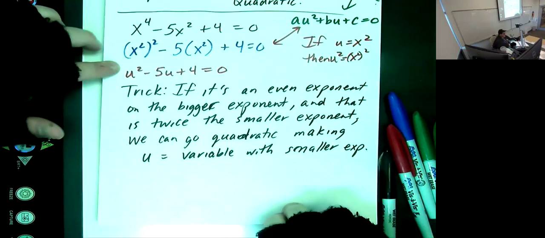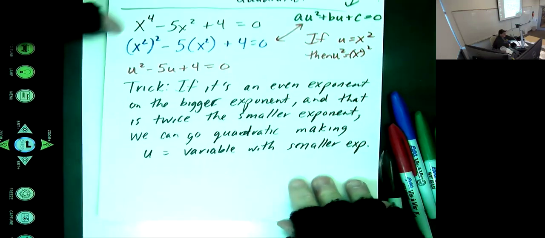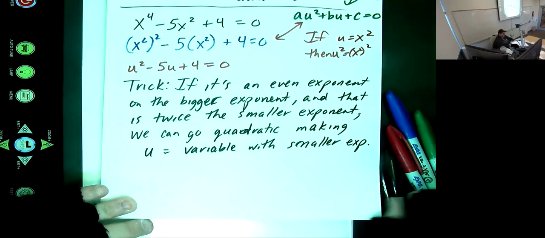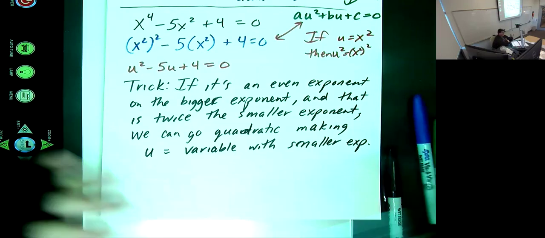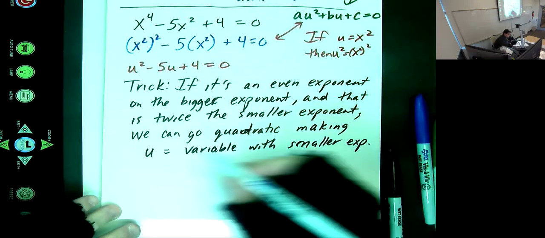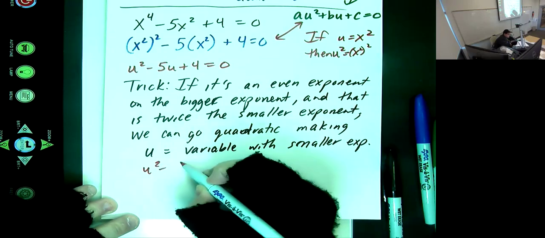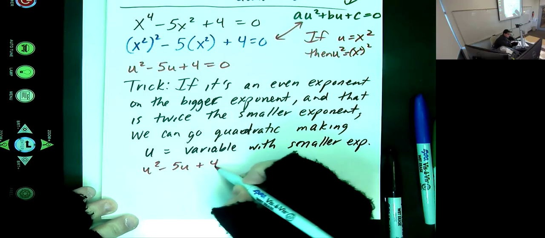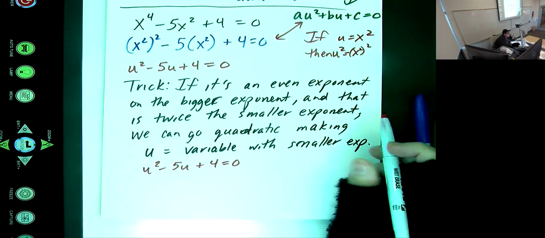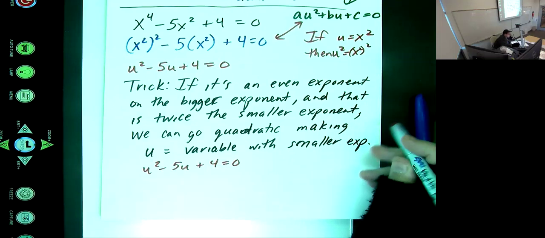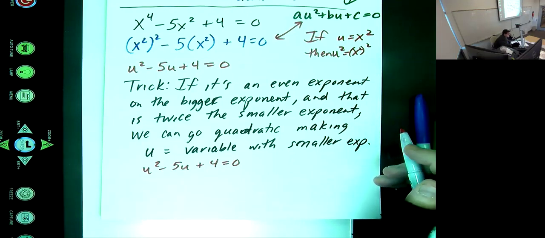So let's go back to doing this one. So I've got u squared minus 5u plus 4. We can solve this using any technique we'd like. You can use the quadratic formula if you'd like. This does factor though.